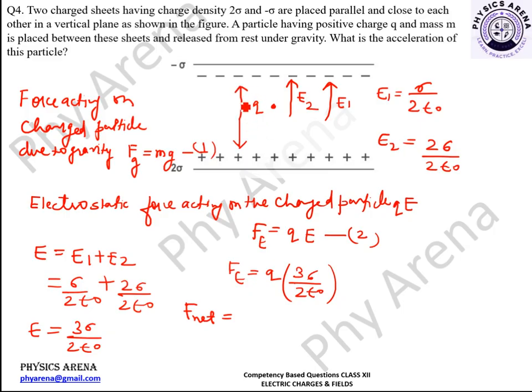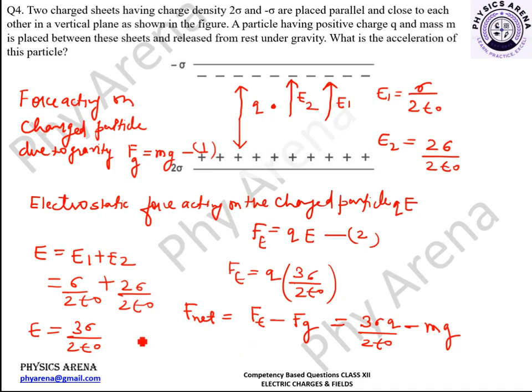So the net force will be the difference of these two forces. So F net can be written as Fe minus Fg. Further we can write it as 3 sigma Q upon 2 epsilon naught minus mg. This is the net force acting on the charge particle.